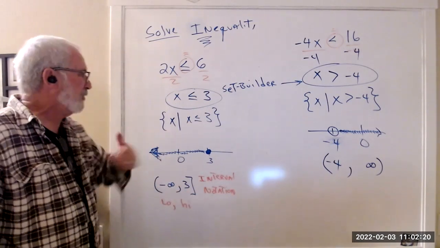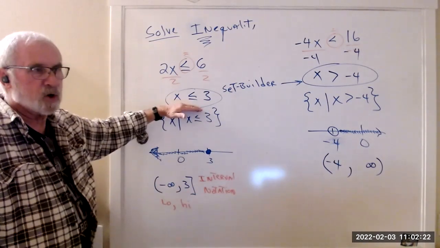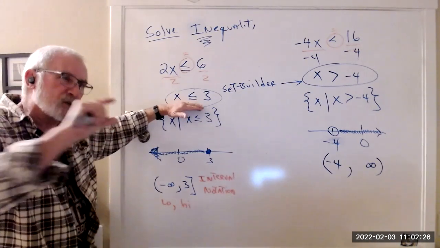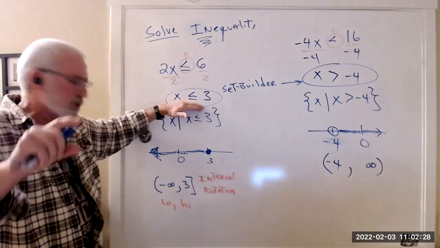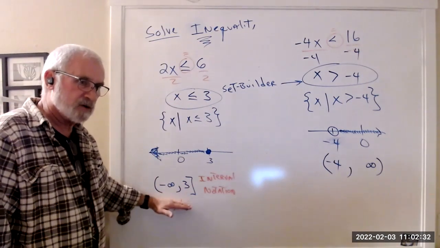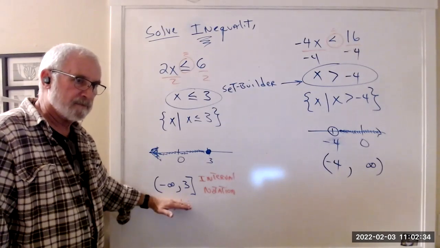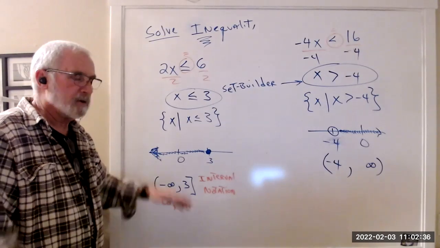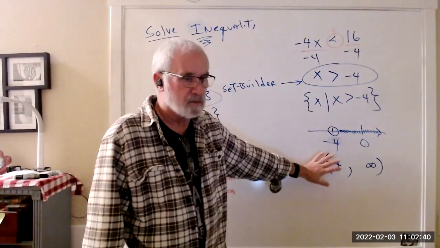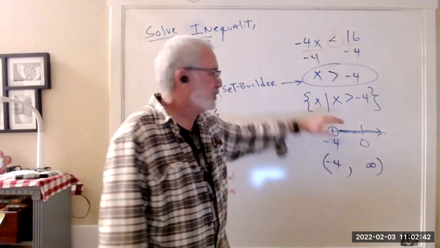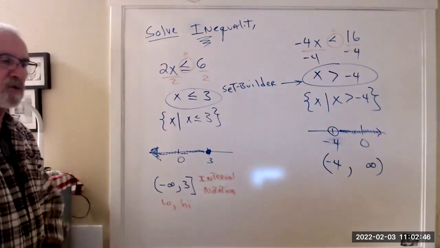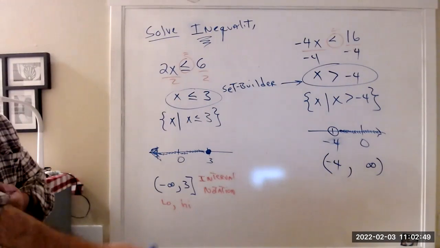Even if you got the right answer, let's say you're doing homework in MyMathLab and you got the right answer, but the directions said express your answer in interval notation, you have to know how to do that. Now this interval notation is probably new to most of you. The set builder notation, if you've had any kind of algebra in the past, you've seen that, sort of, maybe.